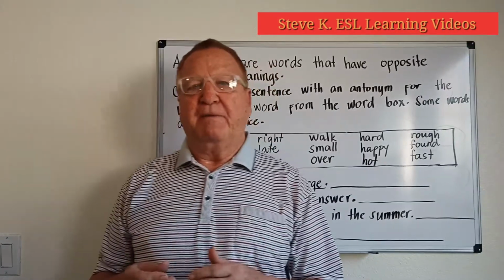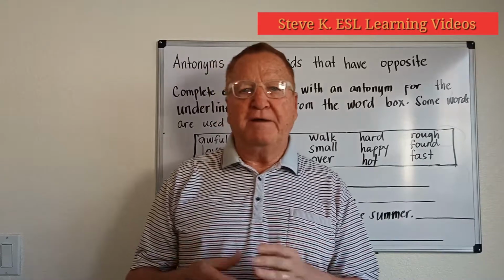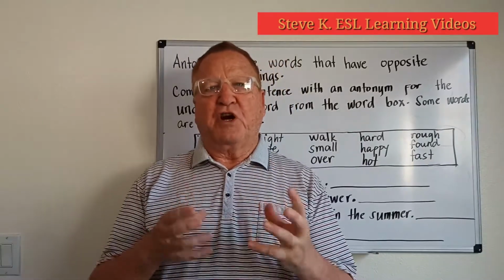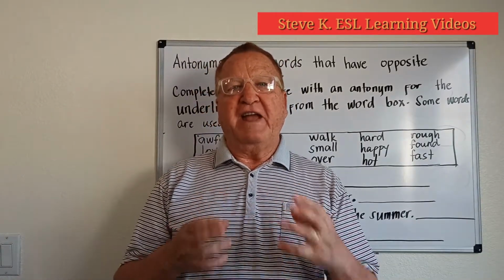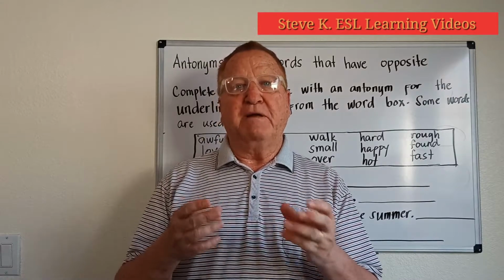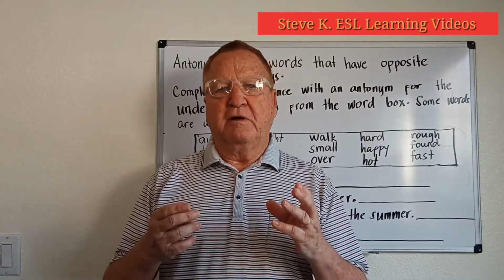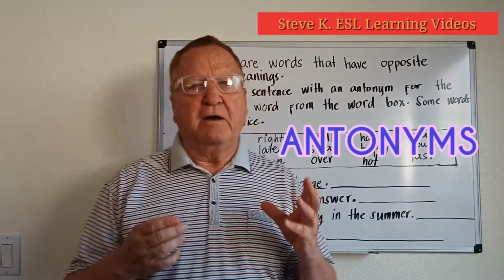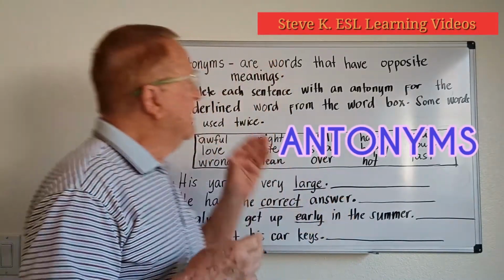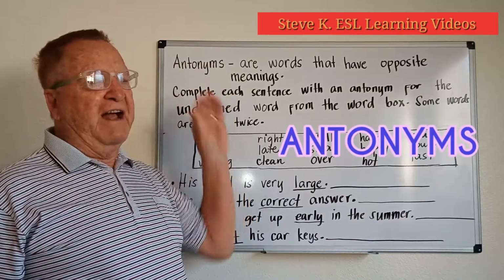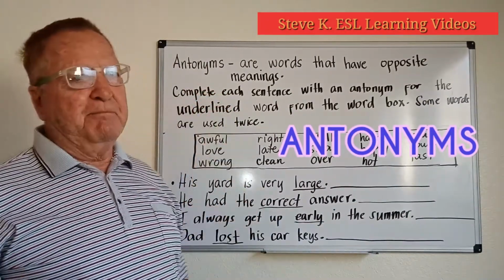The last time we did a lesson on synonyms, which are words which have the same or about the same meaning. And in today's lesson we're going to focus in on what are called antonyms. Antonyms are words which have the opposite meaning.